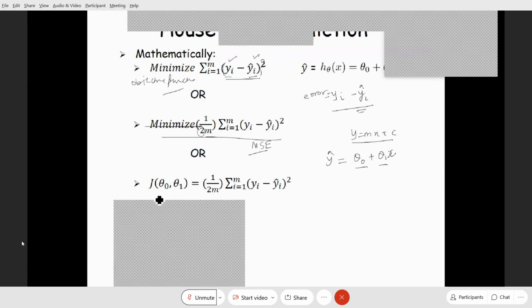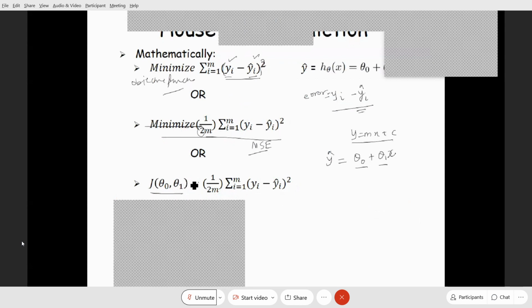So this objective function, which is the mean square error, is going to be a function of two values, theta 0 and theta 1, because that is what is going to change, and we are going to find the minima of this J(theta 0, theta 1) and the corresponding values of theta 0 and theta 1, right?